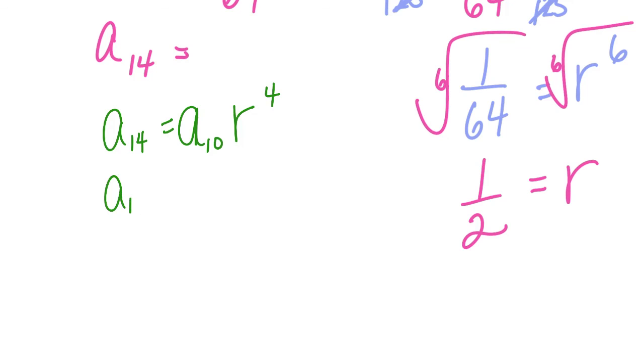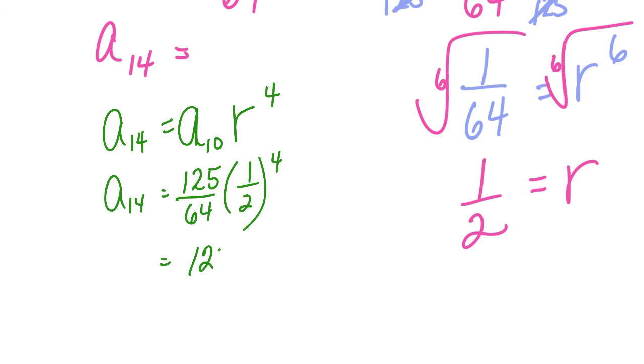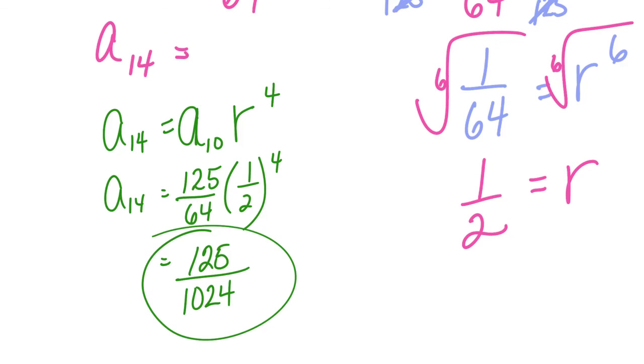Well, I don't know the highest answer. And then I could take the answer of the lowest, and then I could take my 1/2 to the 4th power, because I'm just going to subtract those two terms. So, kind of sticking with that same theme, when I put this all in my calculator, I get 125 over 1024. Great job.